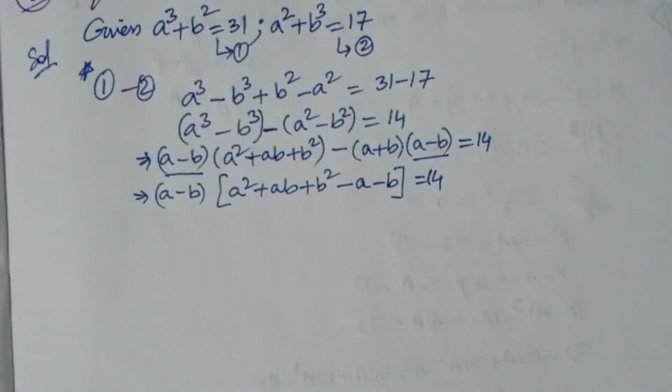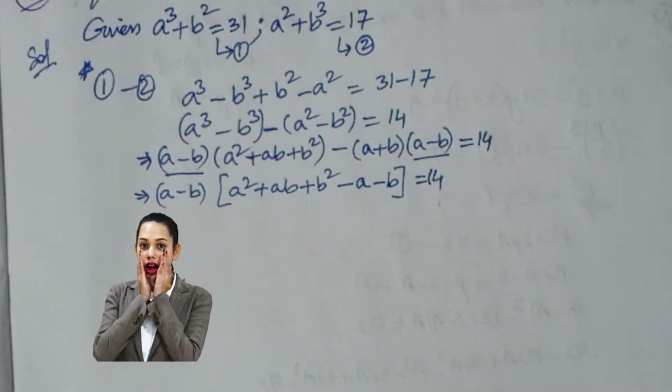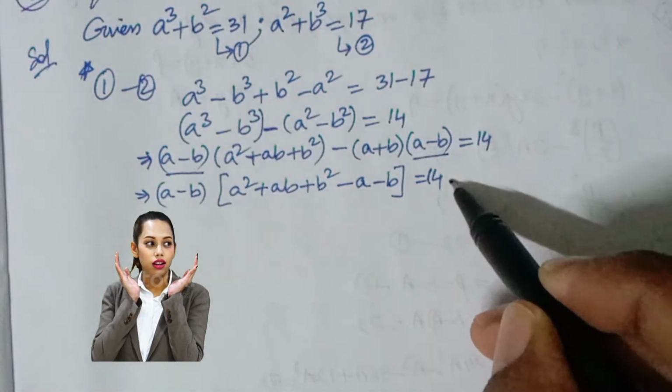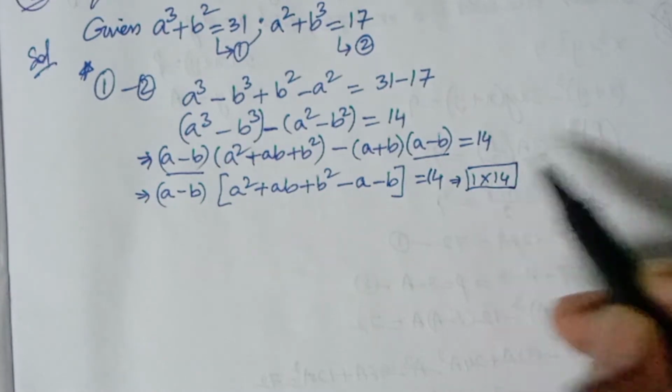So here you can write the value of a minus b, the difference of a and b, you can take it as 1. So this you can write as 1 into 14, because here we are having the product.